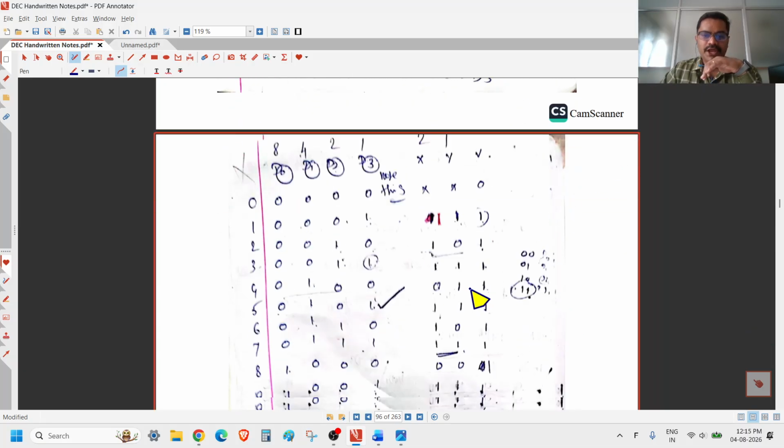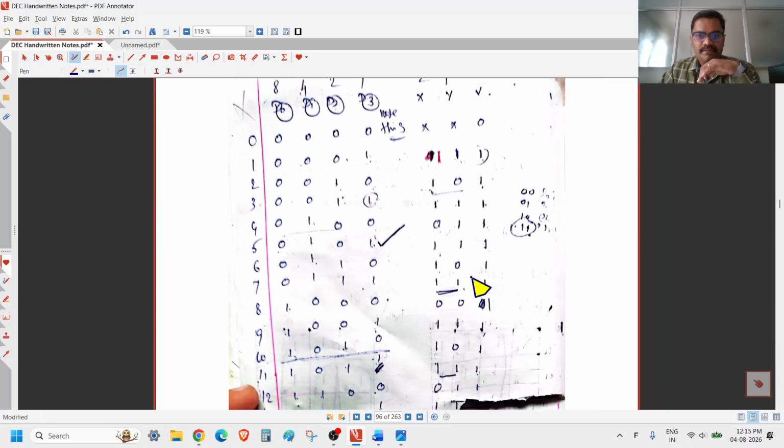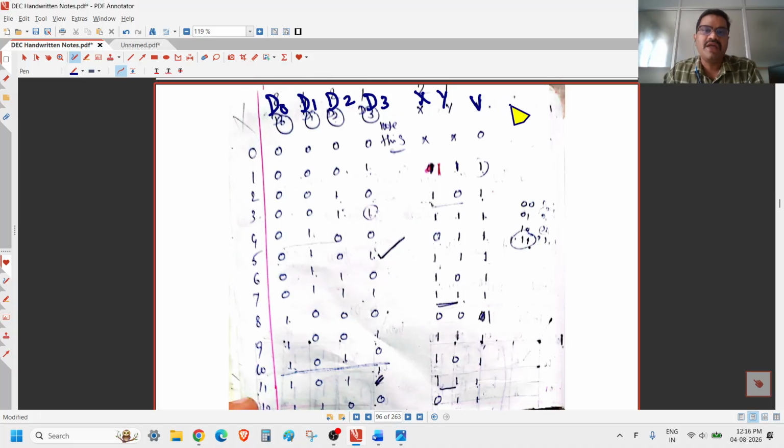So we'll enter into the truth table. You can see the truth table of the priority encoder. D0, D1, D2, and D3 are the inputs, and X and Y are the first two outputs, the priority outputs, and V is the third output, the output level indicator.